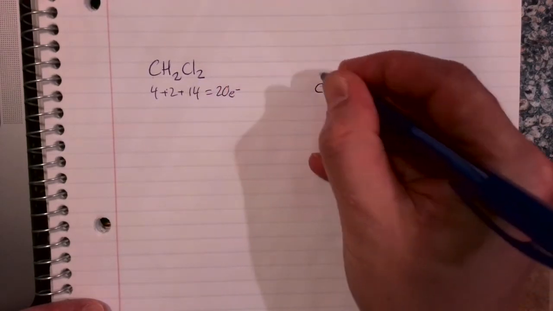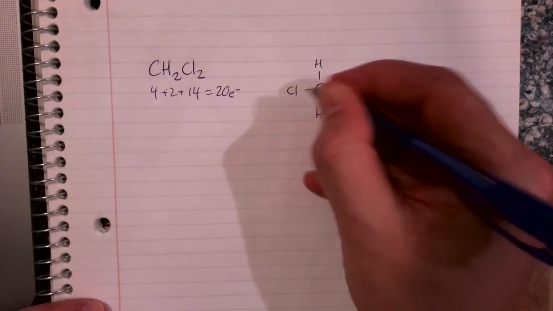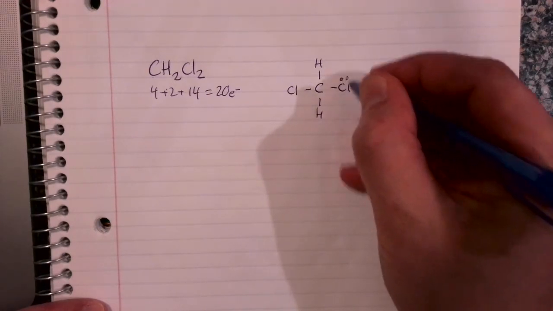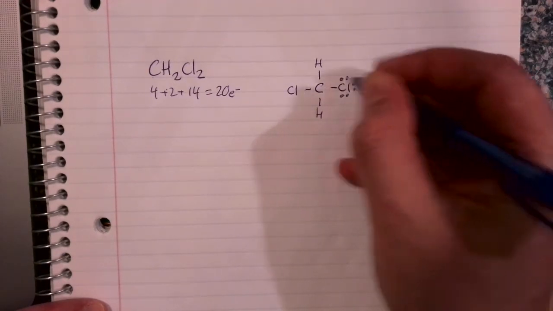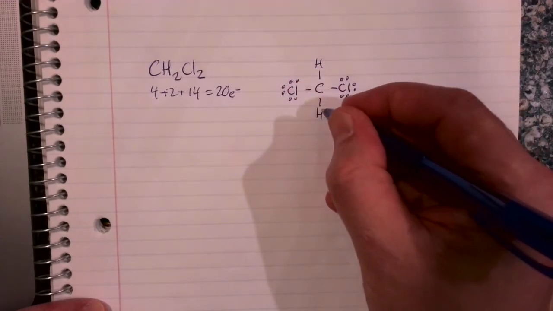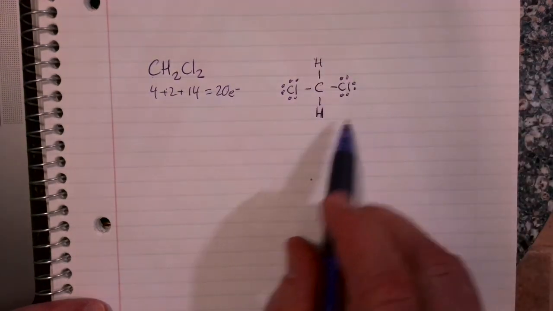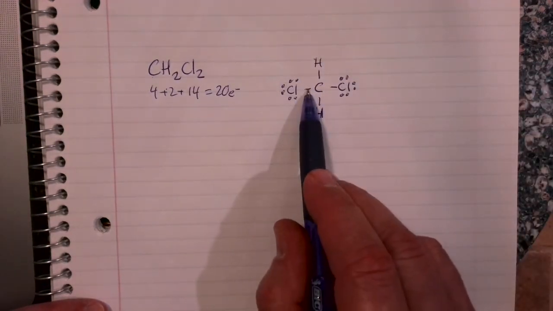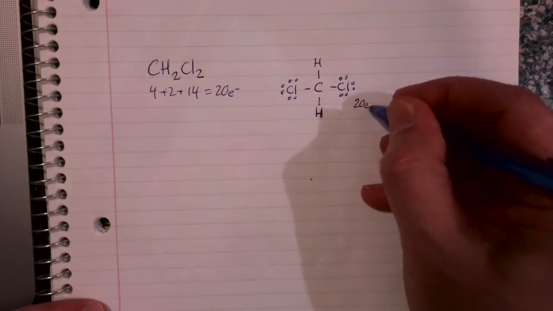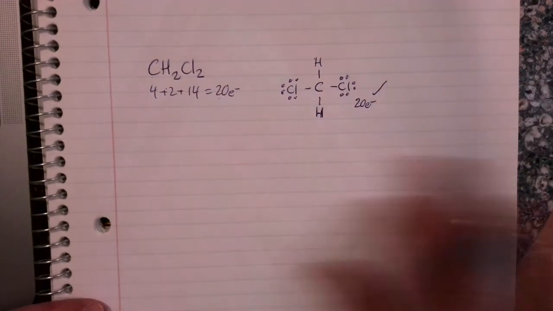Put our carbon in the middle, H's around it, our Cl's around it, because Cl and H only take one bond without causing formal charge. We draw in our octets, leaving duets for hydrogen. And now we have this structure, which has 2, 4, 6, 8, 10, 12, 14, 16, 18, 20. 20 electrons. So since it matches, we're done, and this is our structure.